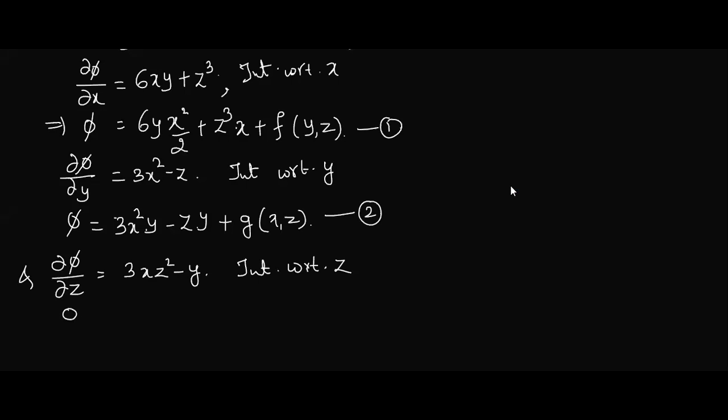So phi equals 3x is constant, z square integrates to z cube by 3, minus y constant, integration of 1 with respect to z gives z. What should be added is a function of x comma y. Take this as equation 3.